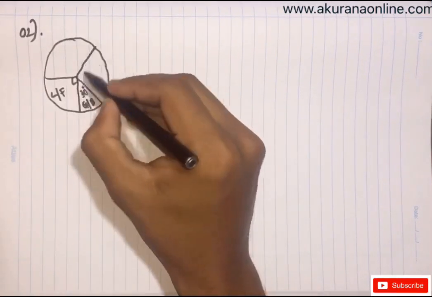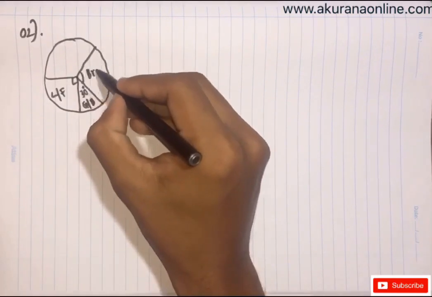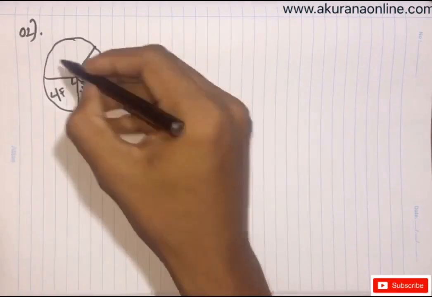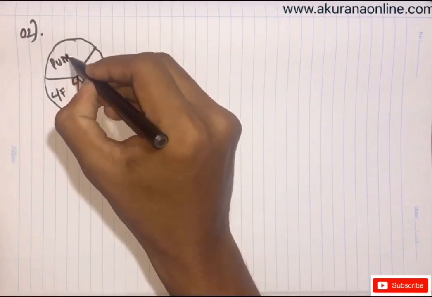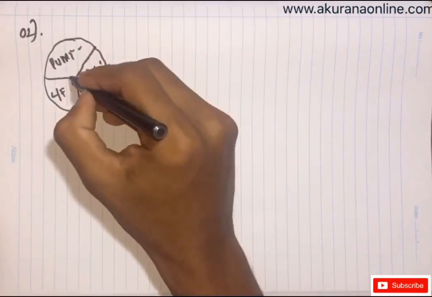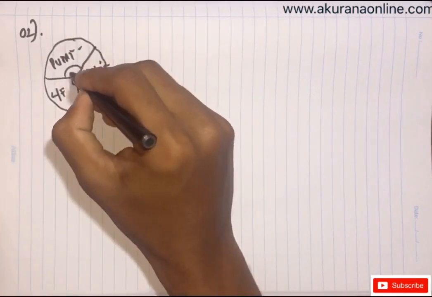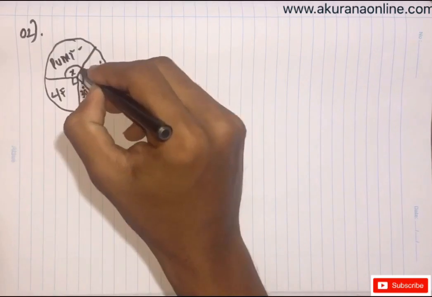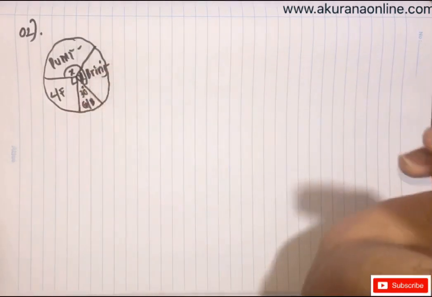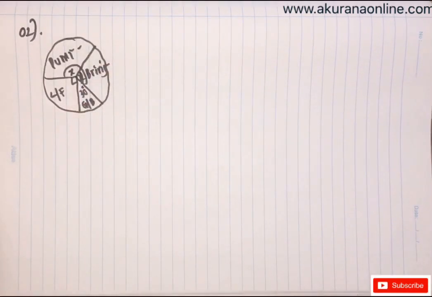Also this is brinjals and this is pumpkins. Since the number of farmers are equal, these two angles will be equal, therefore I'll call it X. The first question: find the magnitude of the angle at the center that represents brinjals.